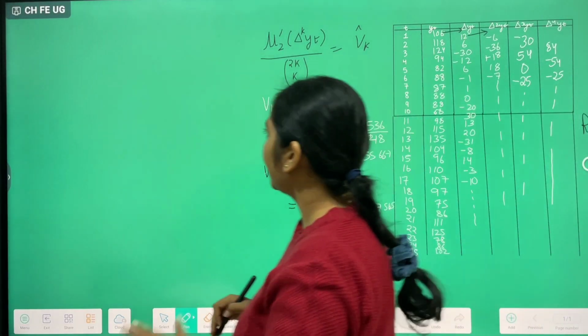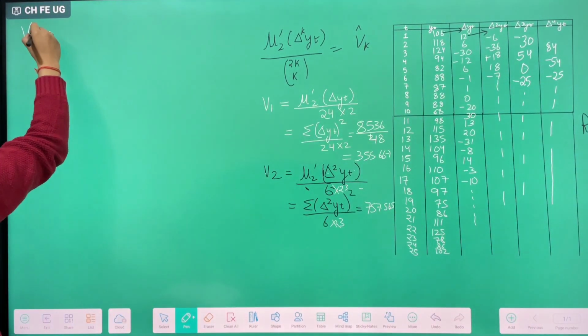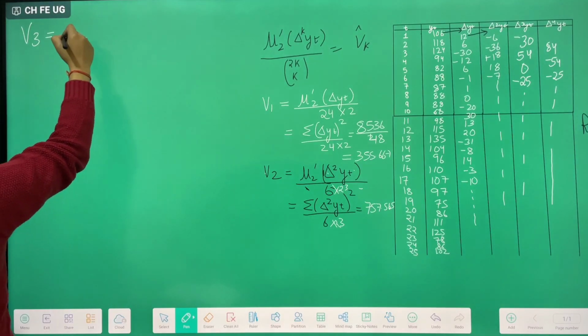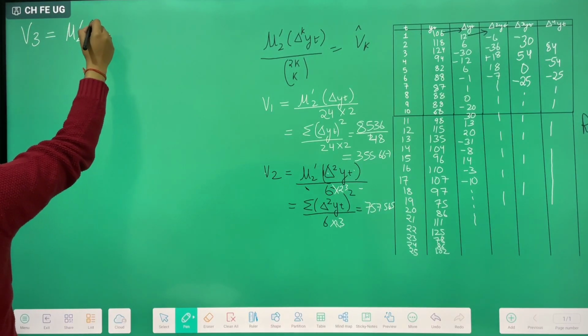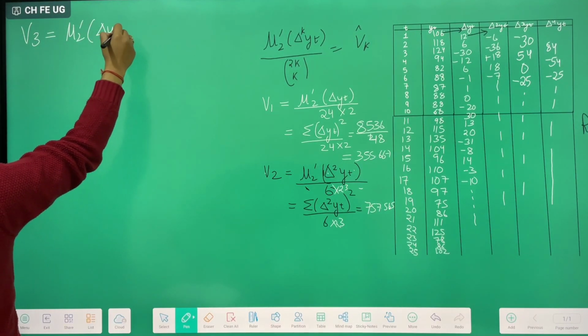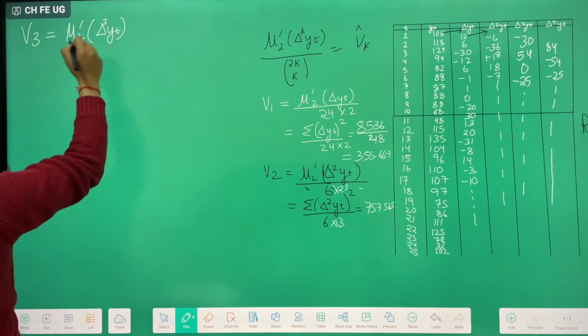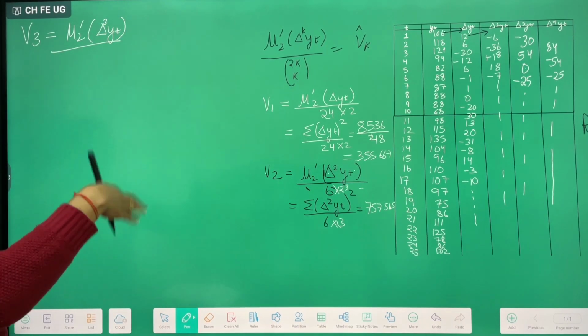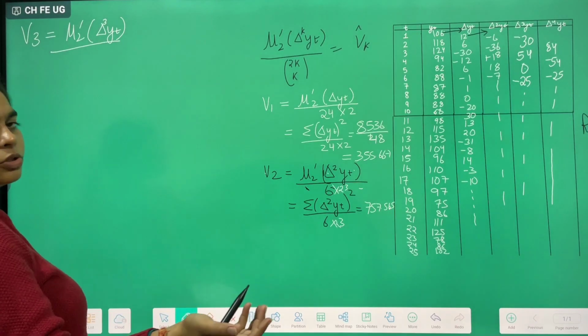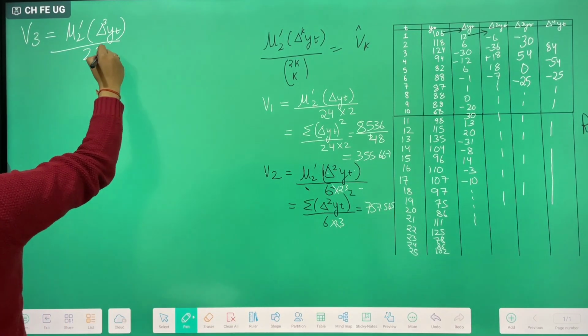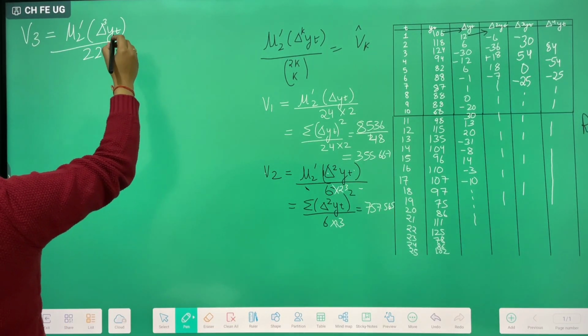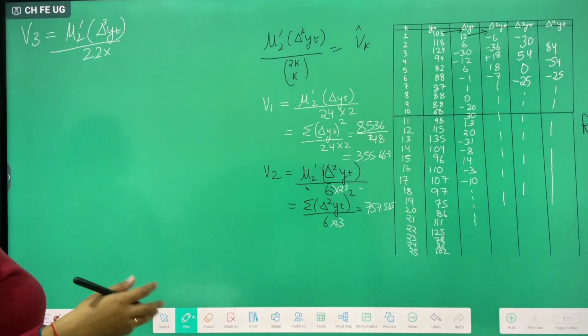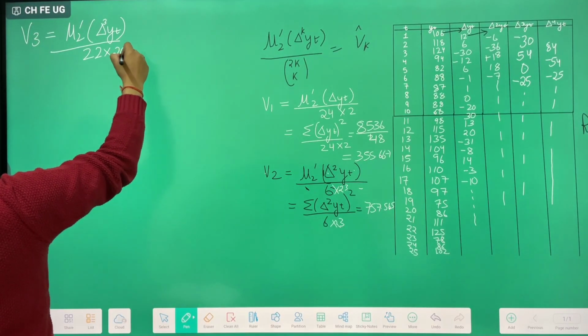So again, V3 would be nothing but mu 2 dash, delta cube yt, upon n. Now n would be 1 less again. So before it was 23, now it will become 22 into 6c3, which will be 20.